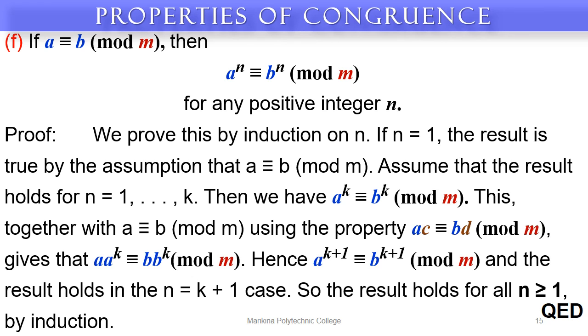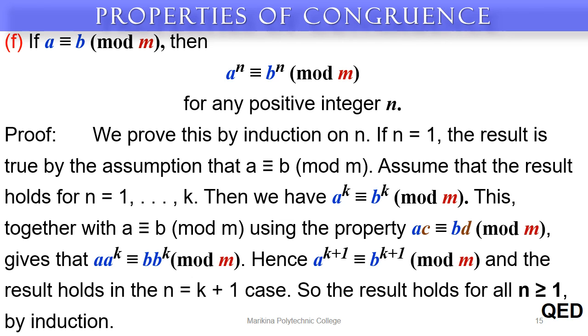This, together with a is congruent to b modulo m, using the property a times c is congruent to b times d modulo m, gives that a times a raised to k is congruent to b times b raised to k modulo m.